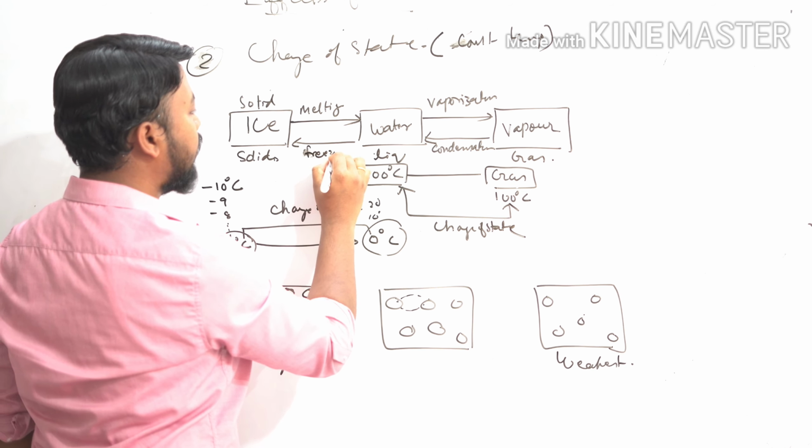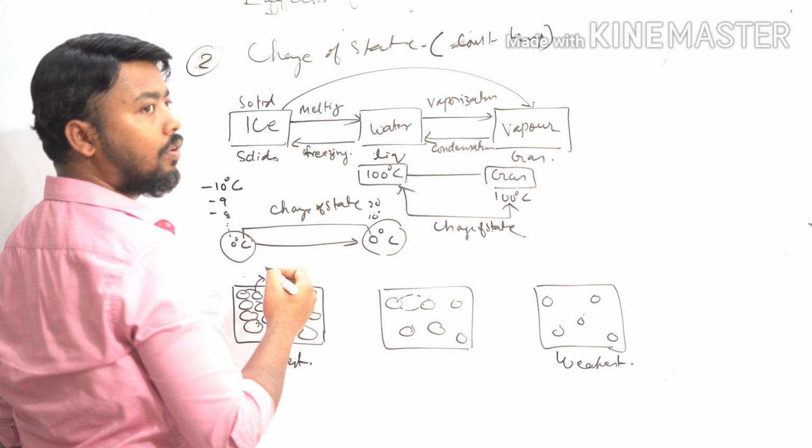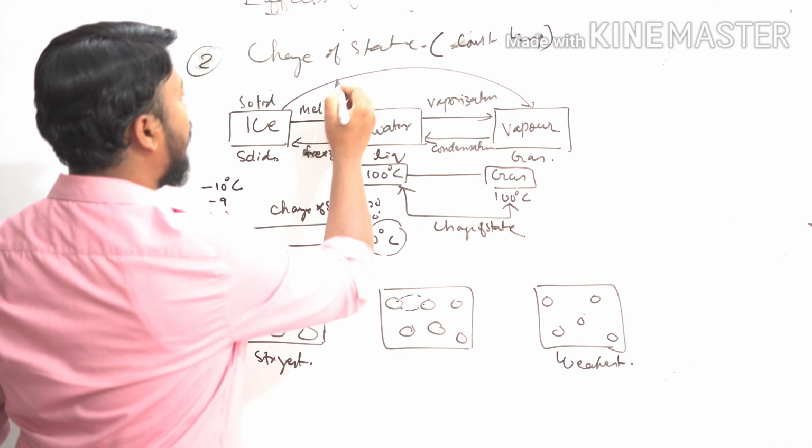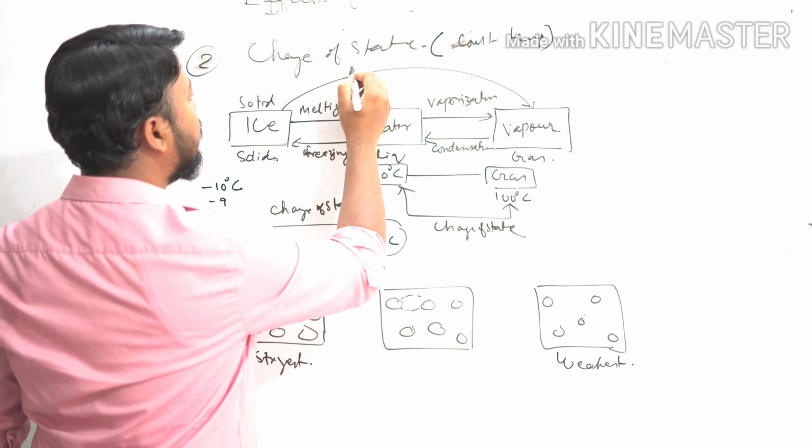Remember it. And when ice converts directly into vapor, this process is called sublimation. And when vapor converts directly into ice, the process is called solidification.